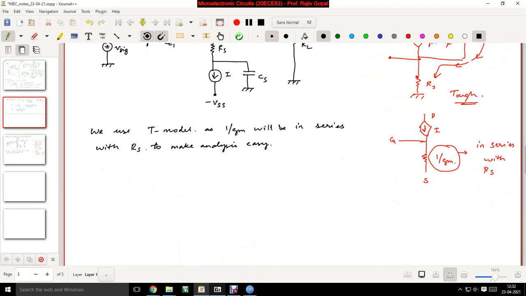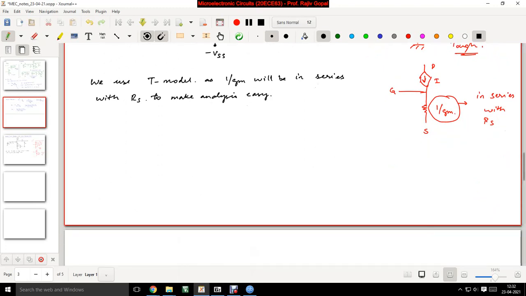Another thing I want to mention: when you are drawing the AC small signal model, you already know this.